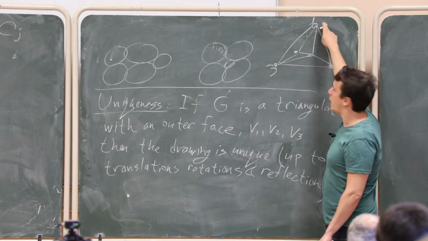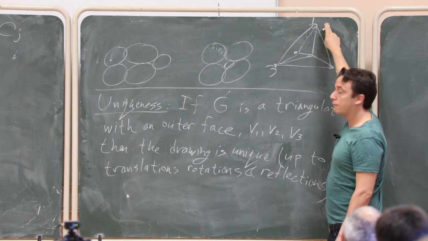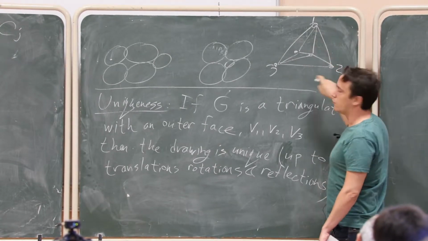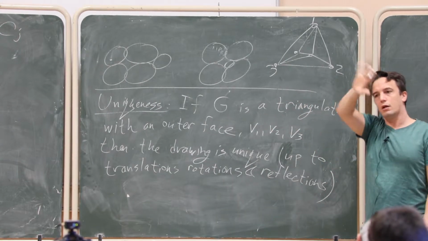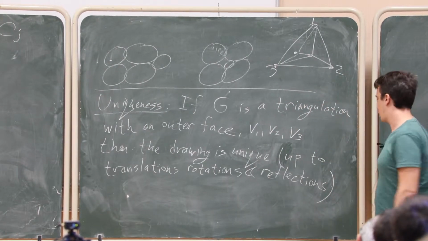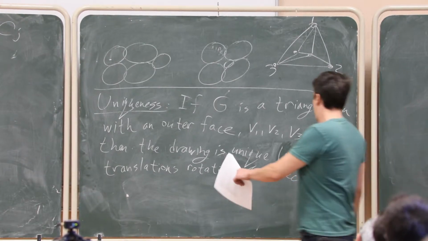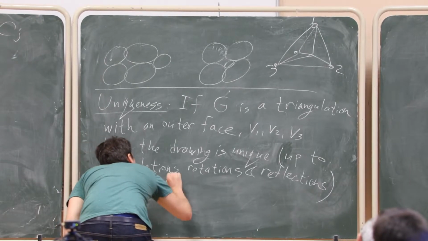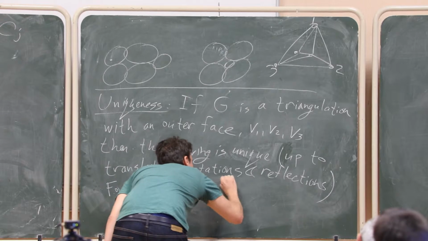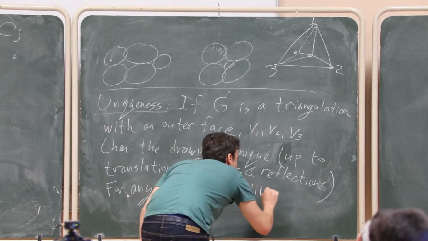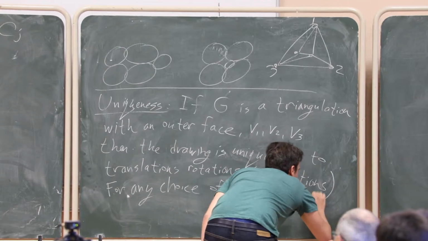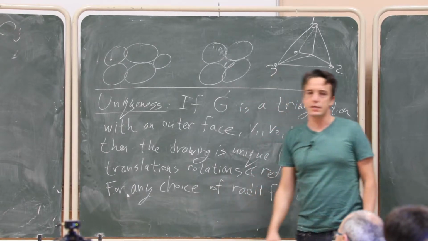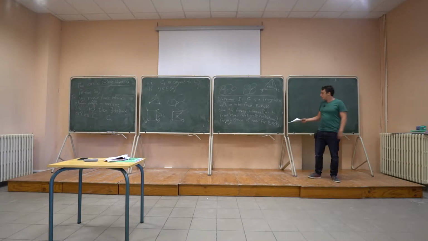So you can choose any 3 positive numbers that will be the radii of the vertices v1, v2, v3, and there exists a drawing that is unique up to translation, reflection, and rotation, for any choice of radii for v1, v2, v3. Okay, so this is the uniqueness statement.